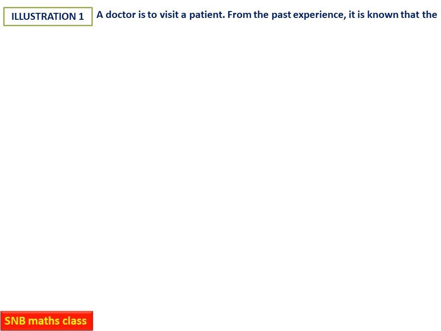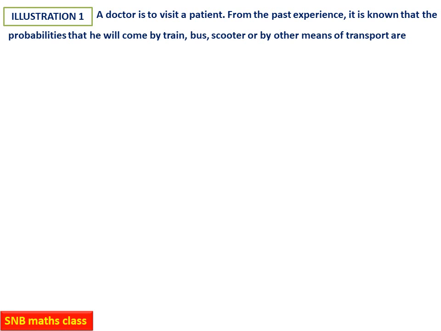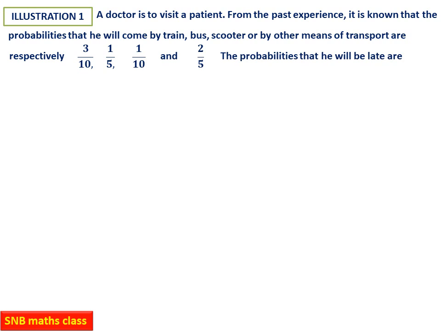So the first one is this: a doctor is to visit a patient. From past experience, it is known that the probabilities that he will come by train, bus, scooter, or by other means of transport are respectively 3 by 10, 1 by 5, 1 by 10 and 2 by 5.